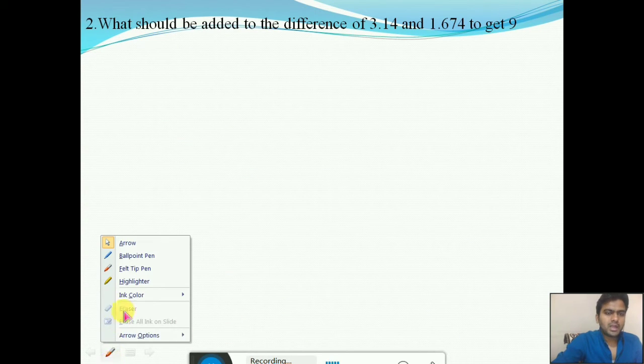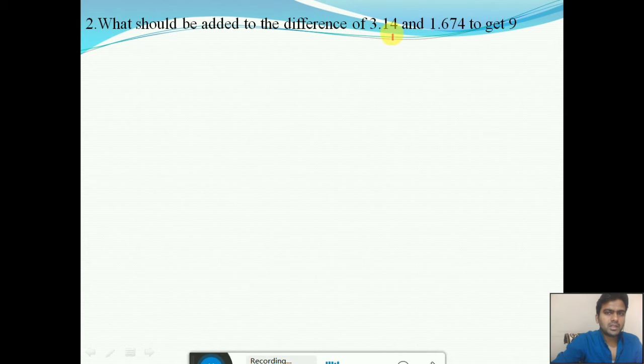The question: what should be added to the difference of 3.14 and 1.674 to get 9? What should be added?